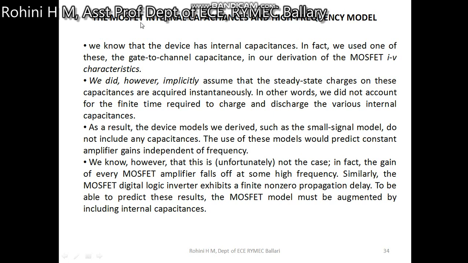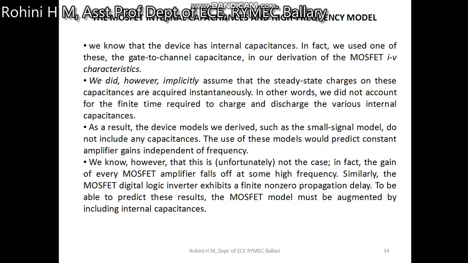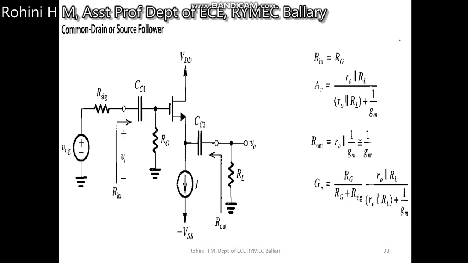Next is MOSFET internal capacitances and high frequency model. Nominally we use two capacitances, CC1 and CC2. Other than these there are also some internal capacitances which may be connected. We have not considered the critical path of those capacitances. Suppose we are getting output here. Initially this capacitor has to charge in order to get the output.